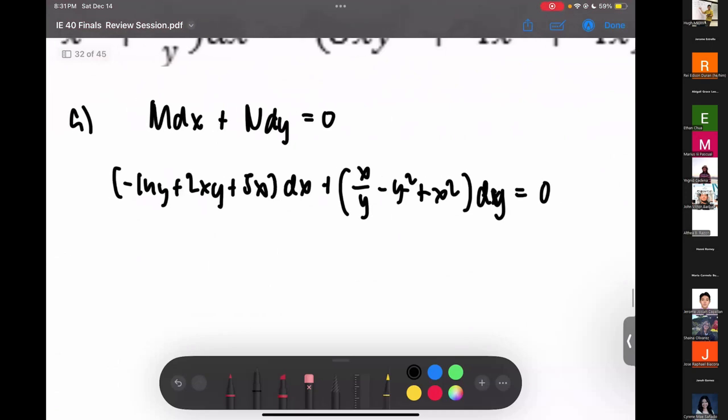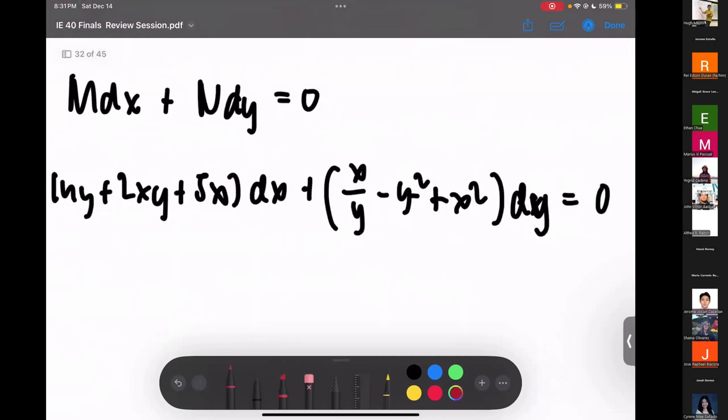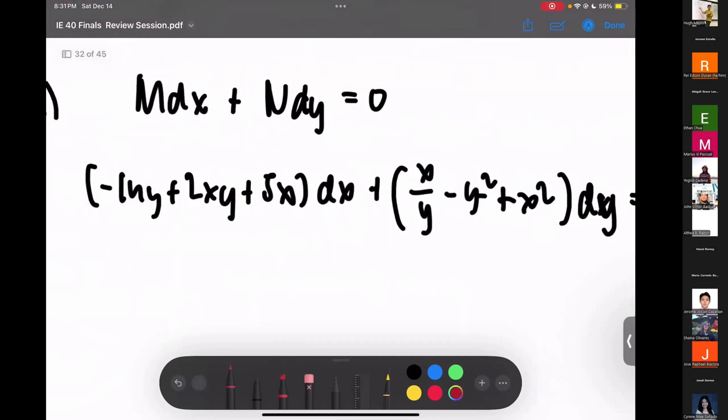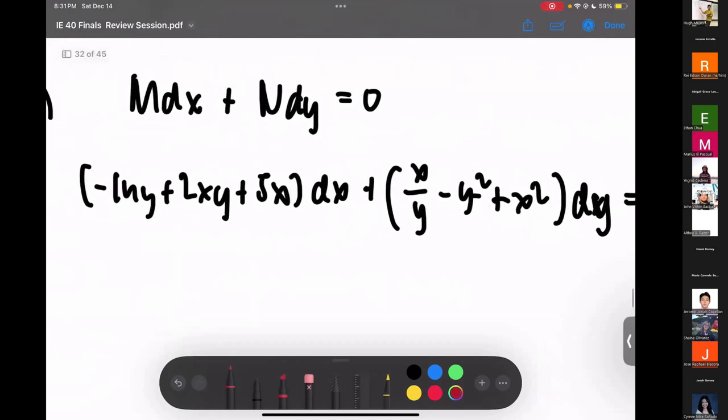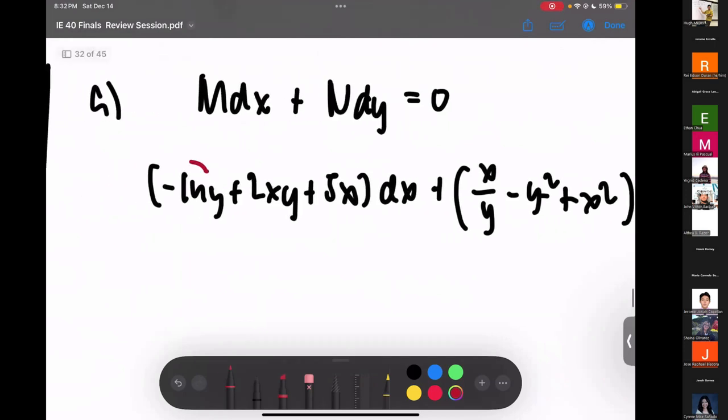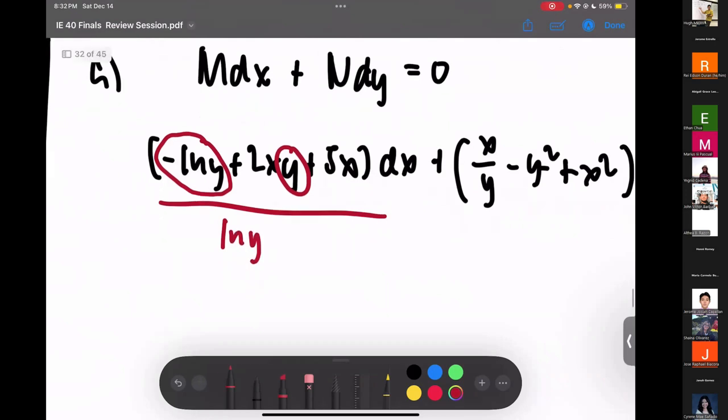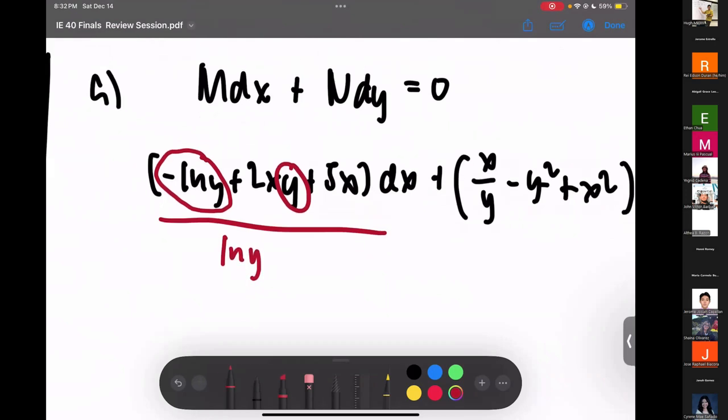Usually sa varcep, if there are any factors na gusto mong ilabas na di siya of that variable, they usually have to be the same power, and that's your hint. There's no one factor you can do to bring out the y in ln y and y here. Kasi if you divide all of this by ln y, mawawala yung ln y, pero magkakaroon ka ng 2xy over ln y.